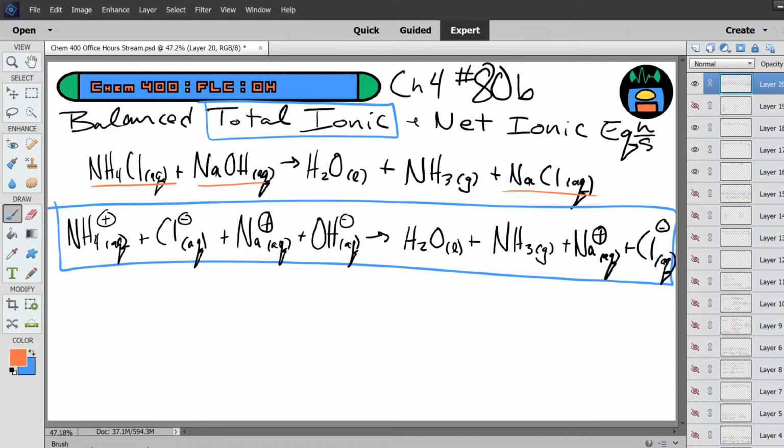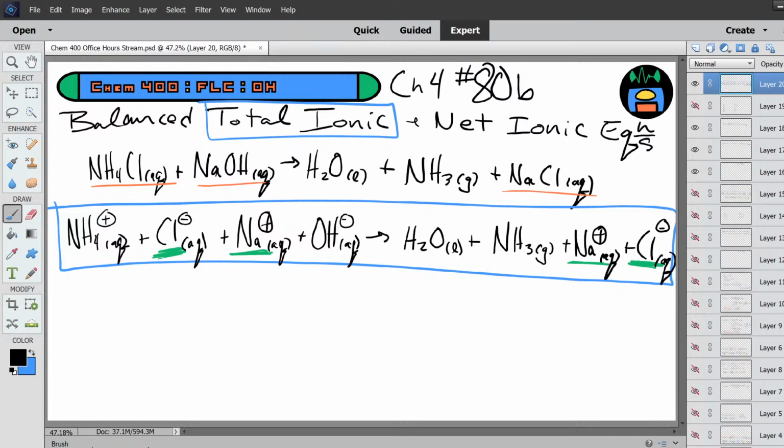All right, so to get to our net ionic equation, we need to identify our spectator ions, and that's an ion that appears on both the reactants and product side unchanged. One such ion is sodium. Another such ion is chloride. Everything else undergoes some sort of change.